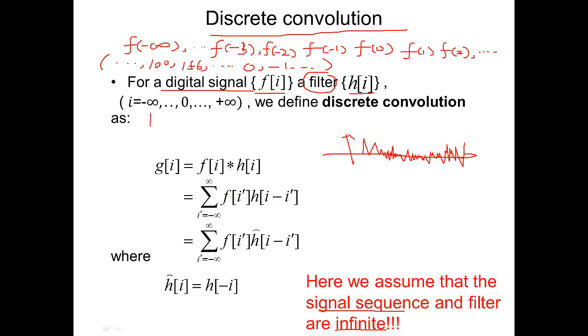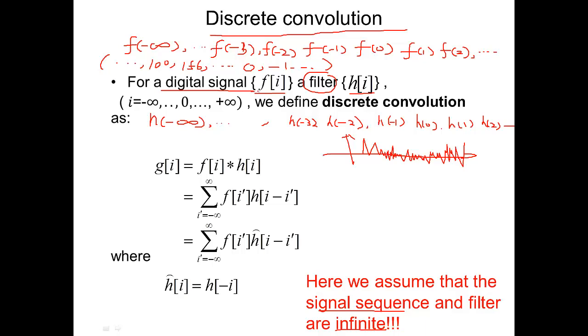For example, we can write h as follows: h from negative infinity, then h of negative 100 or something, then go to h of negative 3, h of negative 2, h of negative 1, then h0, then h1, then h2, also going to positive infinity. So that explains two infinite sequences of numbers.